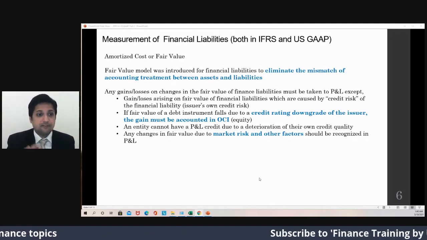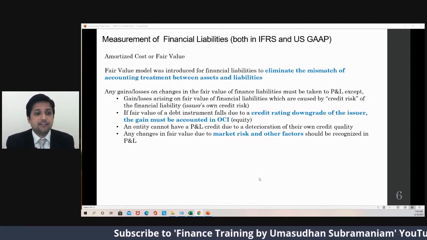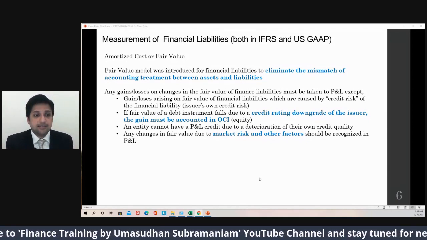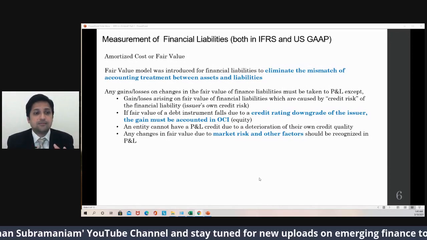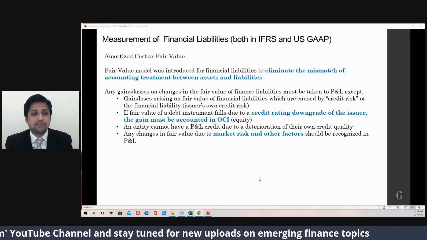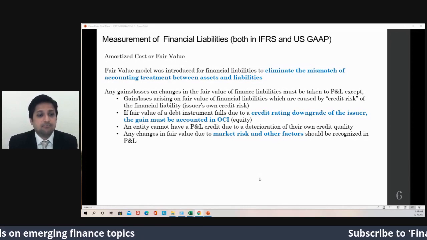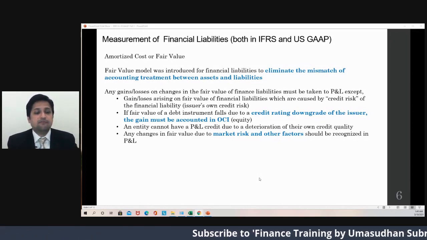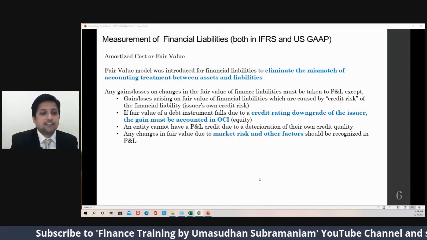For example, if a company is going for a bond issue to raise financing to invest in an investment property, let's say a land, and if the land is measured at fair value and the gains or losses on the fair value are taken to the income statement, and on the other hand, you have a bond liability which is measured at amortized cost, there is a difference in accounting treatment between an asset and a liability which is used to finance the asset.